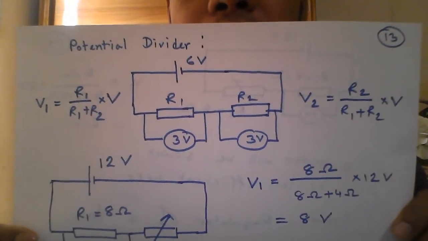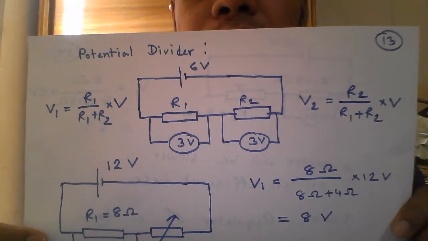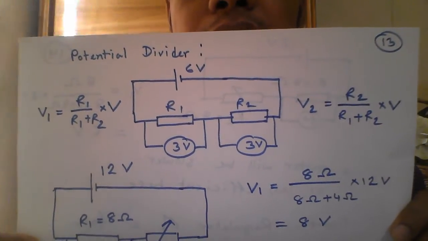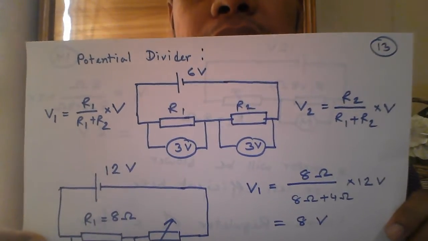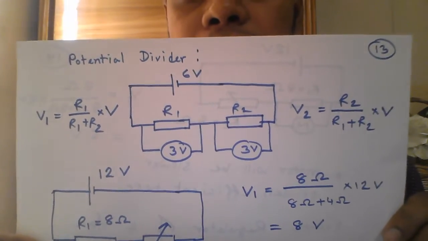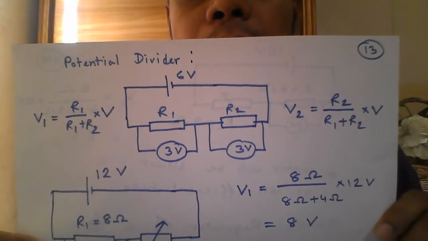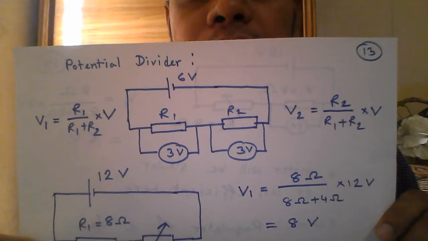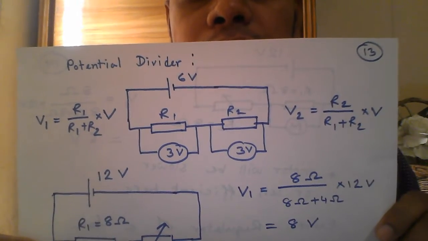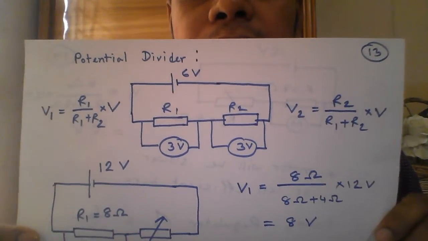Here identical means both of them have the same resistance. So in series circuit you got this idea already that the source or power supply voltage is shared among the components.